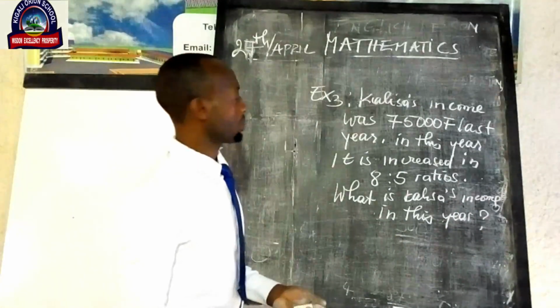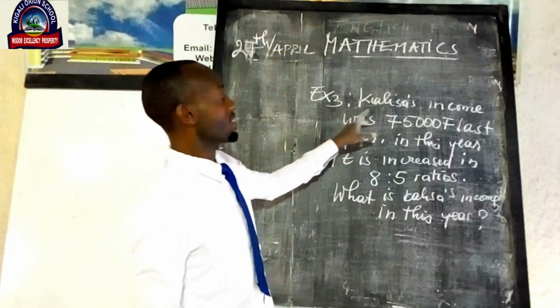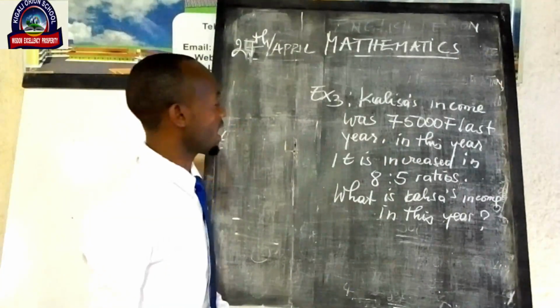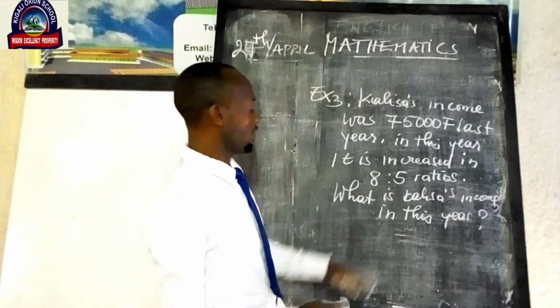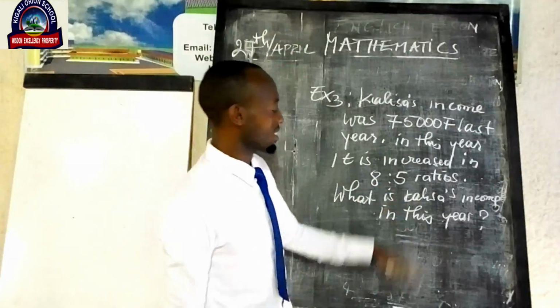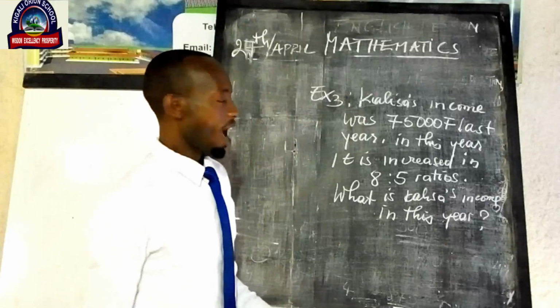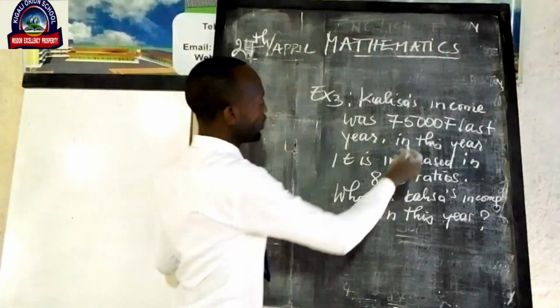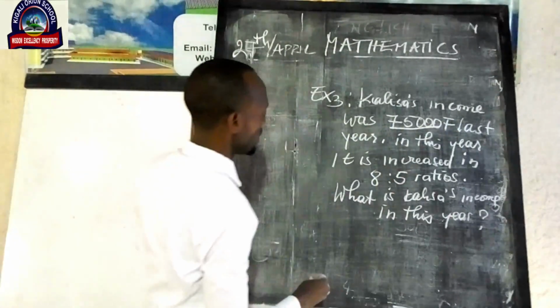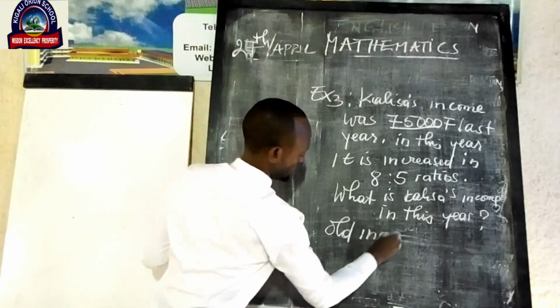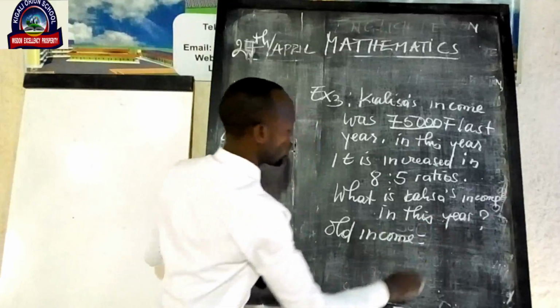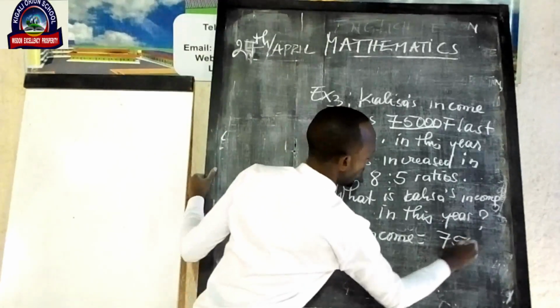That is the question. Carissa's income was 75,000 francs last year. This year, it is increased in 8 5 ratios. What is Carissa's income this year? How can we solve it? First of all, we have Carissa's income. So, old income is equal to what? To 75,000.